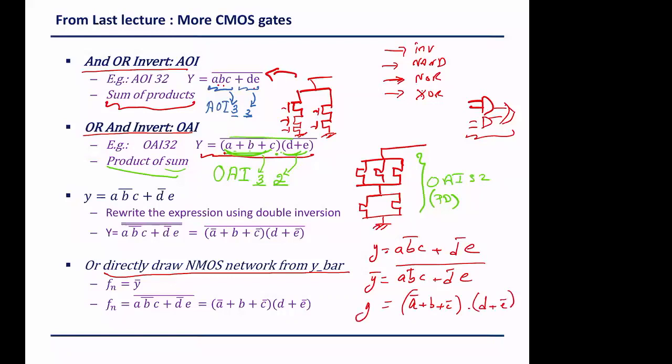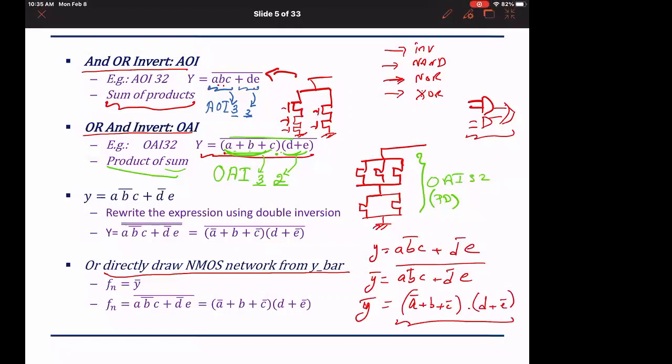Now I can draw this and I will treat the inputs as the whole A bar, the whole C bar, the whole B, D or E bar. So you can think of it either way, you will get the same answer. Great.